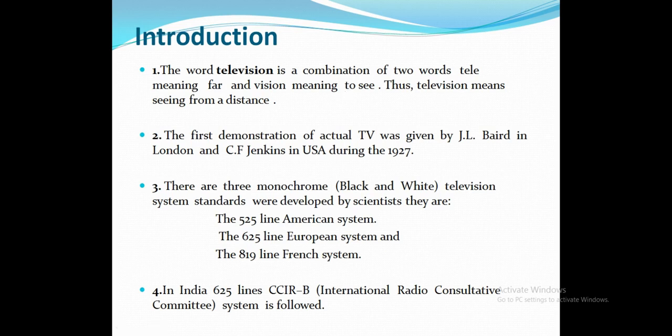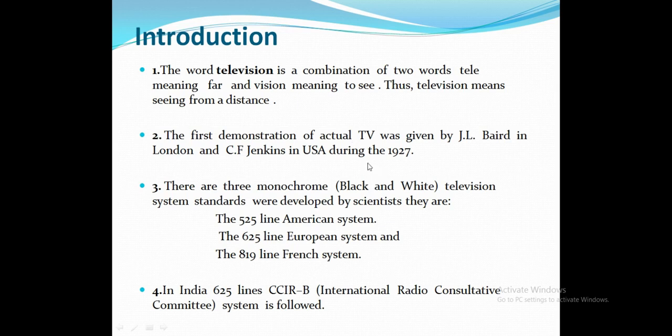The meaning of tele is far, and the meaning of vision is to see. So the overall meaning of television is seeing from a distance.